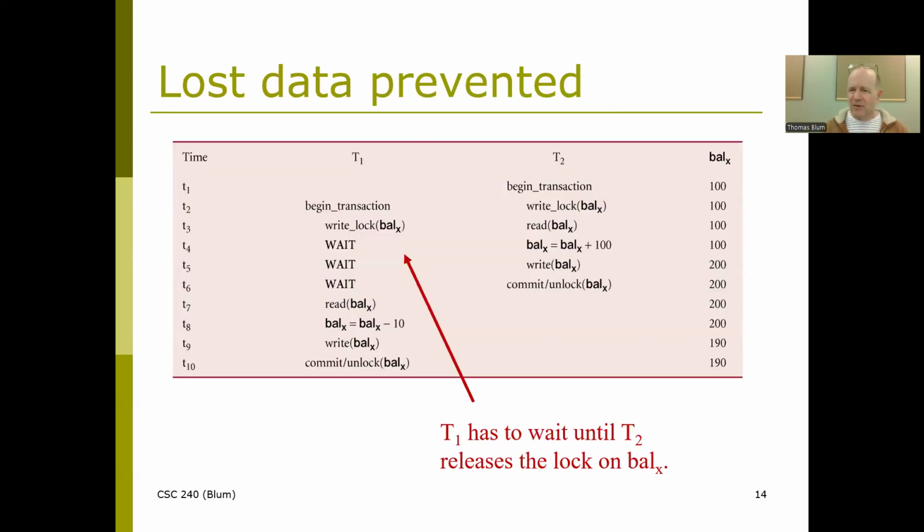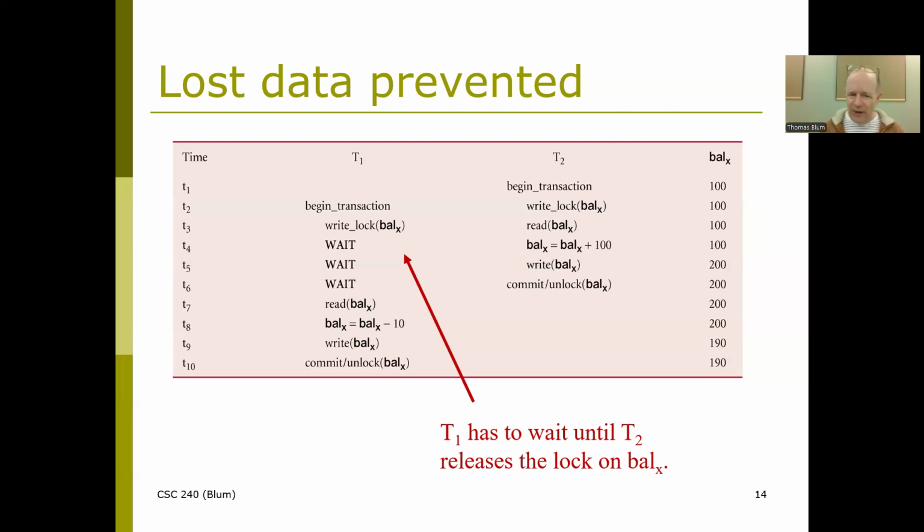So here we have some of our previously talked about scenarios. Here, transaction two got in there ahead of time, and they were adding $100 to the account, and transaction one is taking money out of the account. They're both reading and writing. Transaction two got in there first, and it puts the hold on balance X. Transaction one got in there later, and it must wait.